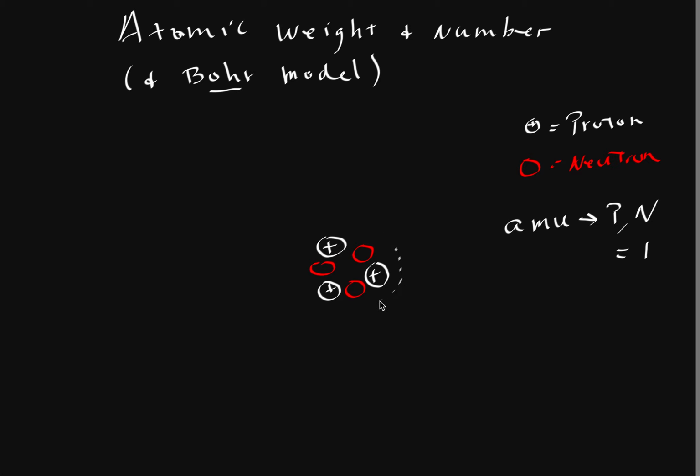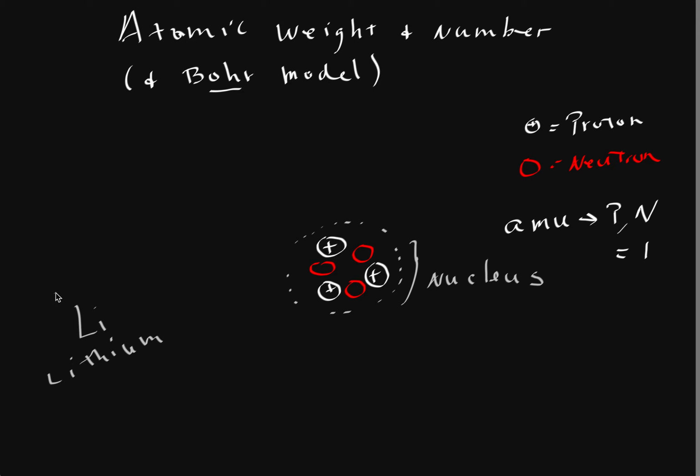I'll just put some dots around it. This whole thing is the nucleus. What I've drawn here is the model for lithium, Li, the element lithium. So for the atomic weight, the atomic mass, we would add up all of these particles.